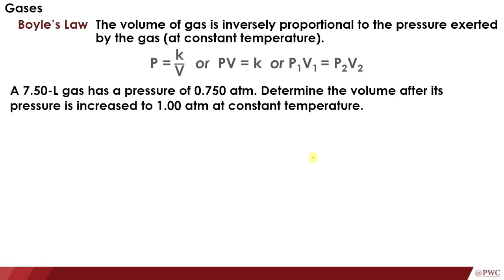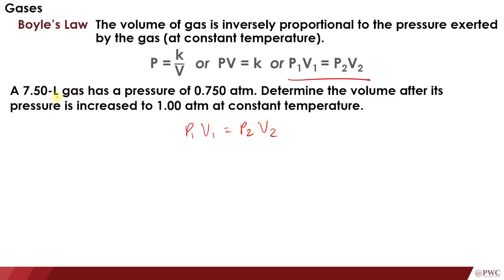Let's see how this works on this problem. A 7.50 liter gas has a pressure of 0.750 atmosphere. Determine the volume after its pressure is increased to 1 atmosphere at constant temperature. Here we can use this equation, P1 times V1 is equal to P2 times V2. So here just plug in the given values.